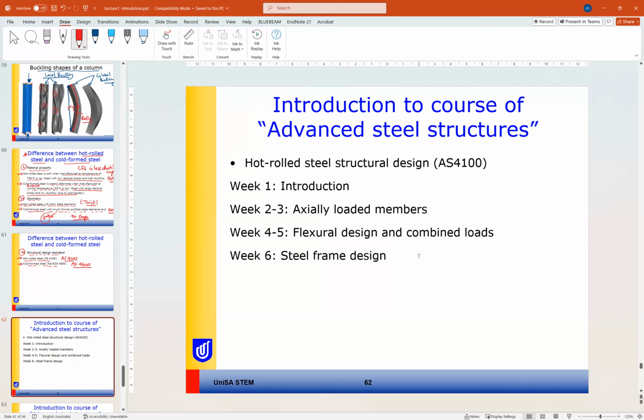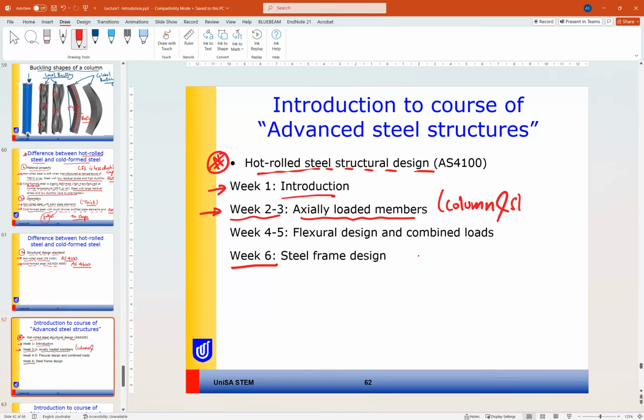So these are the weekly content. For the hot rolled steel, we will work on this from week 1 to week 6. So week 1, we already have gone through the introduction. Week 2 and 3 are the axially loaded members, columns, and struts.